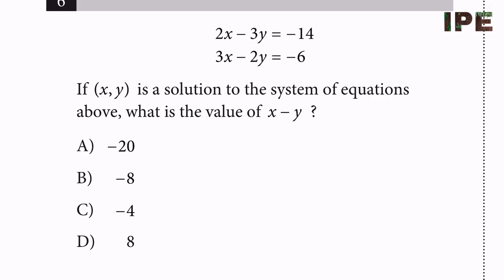A lot of SAT problems don't ask you for one value like the value of x or the value of y, but just ask you for the value of an expression like x minus y. In that case, in most problems you don't have to find the x and y values separately. Just find the value of x minus y one time. I'll show you how to do this, okay?